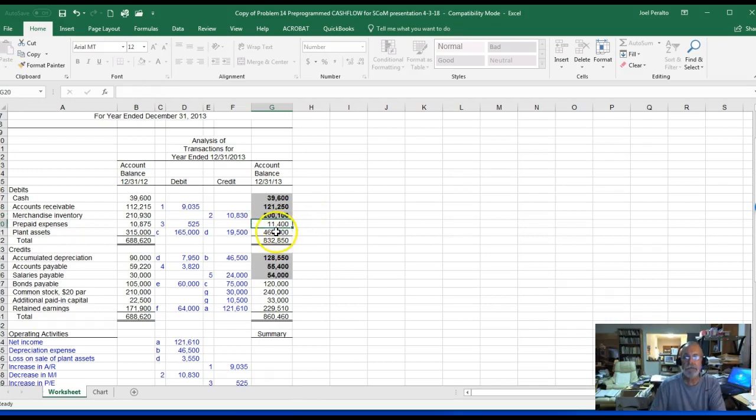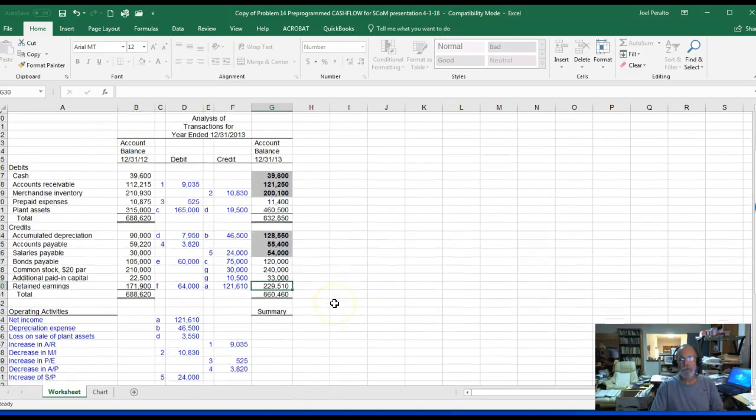Prepaid expenses 11,400. Plant assets 460,500. Accumulated depreciation 128,550. Accounts payable 55,400. Salaries payable 54,000. Bonds payable 120,000. Common stock 240. Additional paid in capital 33. And retained earnings 229,510. So all of our accounts are okay.